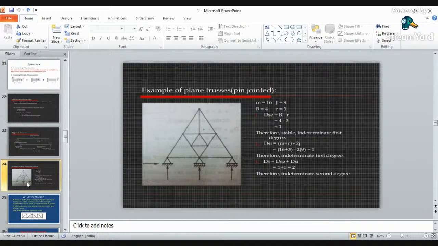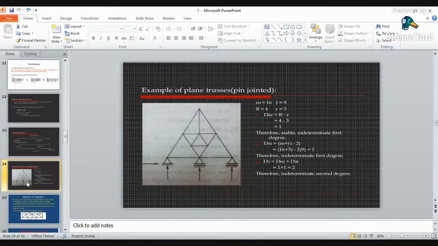Here the degree of static indeterminacy externally will be the unknown reactions minus the equilibrium conditions. The unknown reactions are 2 at the hinge, 1 at a roller, and again 1 at a roller, that is 4, minus the equilibrium equations, that is 3. So 4 minus 3 is 1, which is the degree of static indeterminacy externally. Then internal indeterminacy is calculated with the formula m plus r minus 2j.